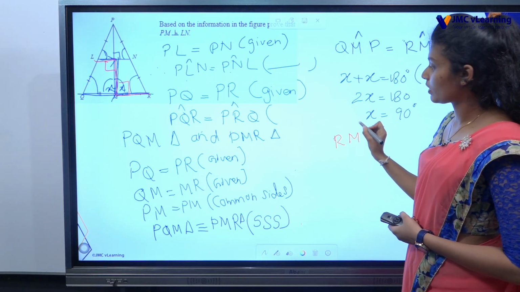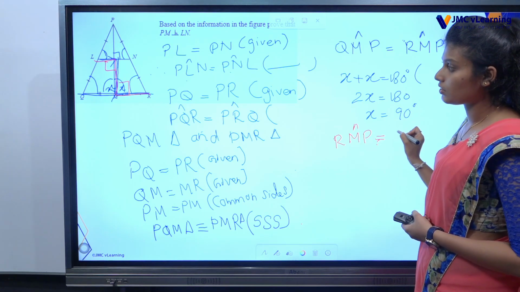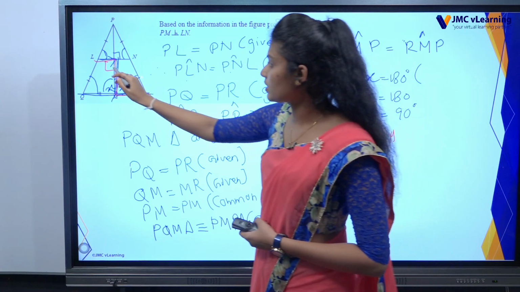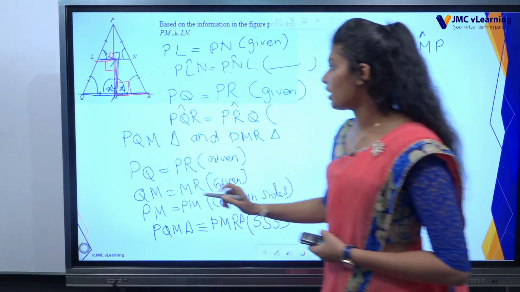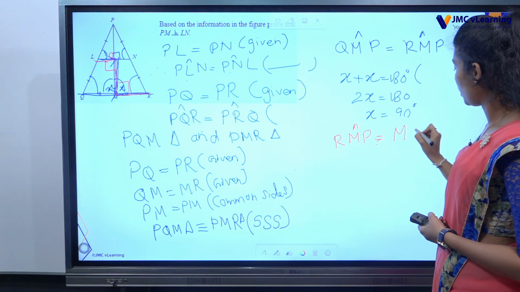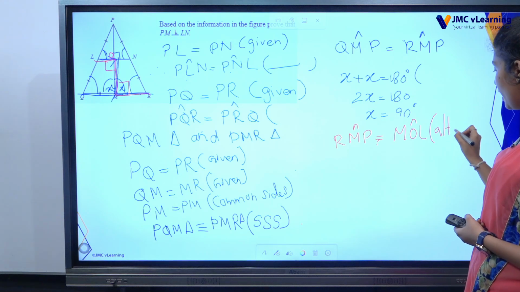RMP angle is equal to what? Here let us mark this one as O. MOL angle. Reason is alternate angles.